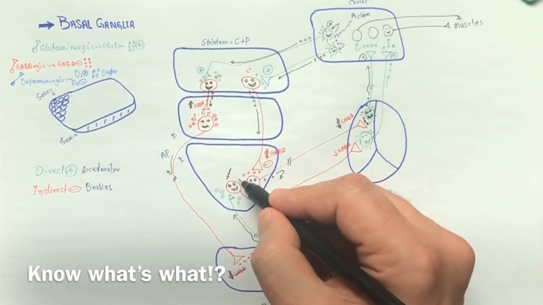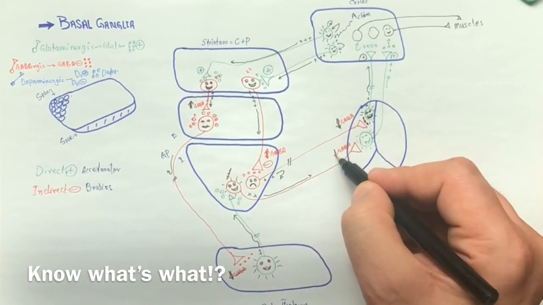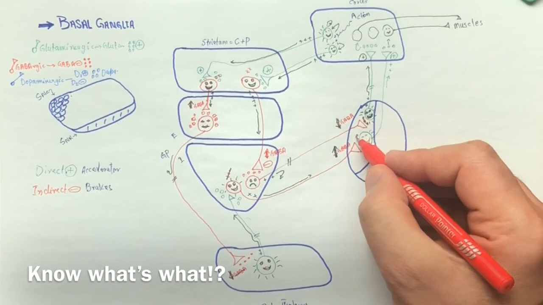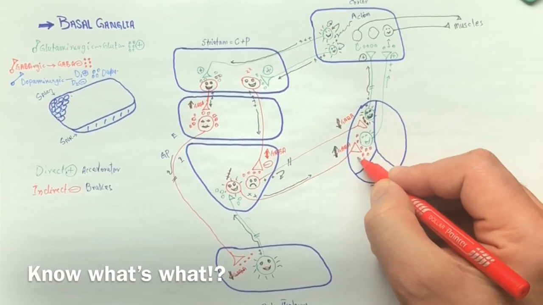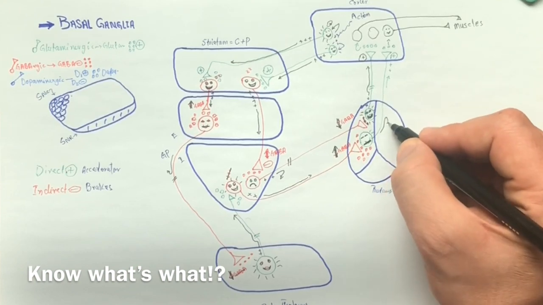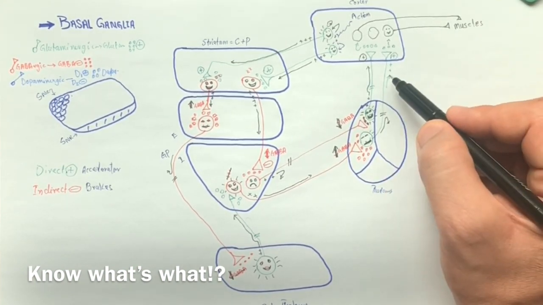When they wake up, they send the action potential to the thalamus, which results in an increase in the GABA, and the increased GABA will inhibit these neurons. And then the muscles that were activated at rest will be relaxed or inhibited now, right?